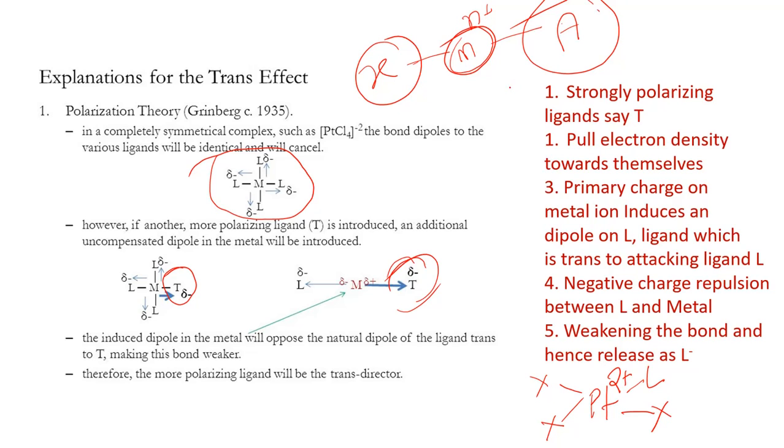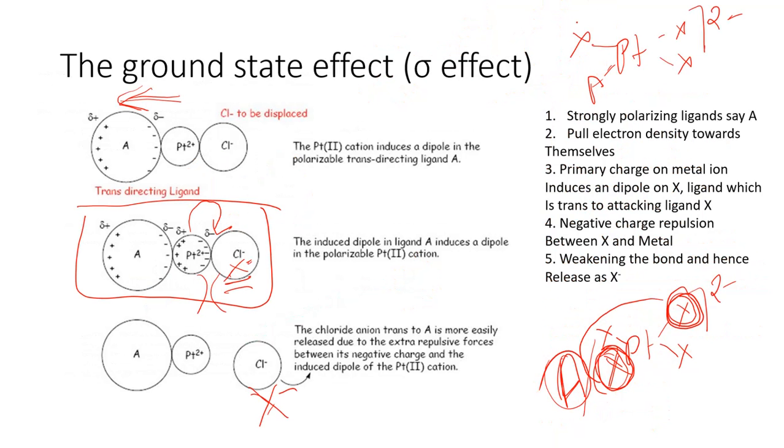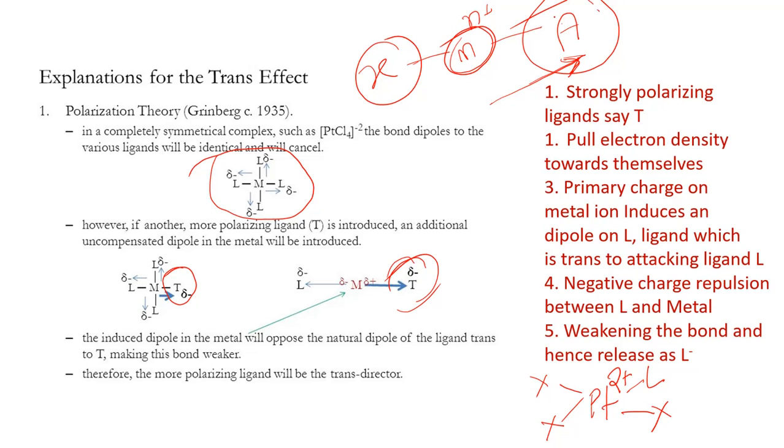So when A, being more polarizable, draws more electron density, A would induce a dipole over M like this, so that it has the minus charge on the side of A. Therefore a plus charge would be established on the side of X, because it is inducing a dipole in such a manner that an opposite charge is established there, or induces a net polarization on the metal in a manner that will repel negative charge on a ligand X trans to A. Because X is a negative ligand, due to this repulsion between the negative charges, the release of X minus would be facilitated.